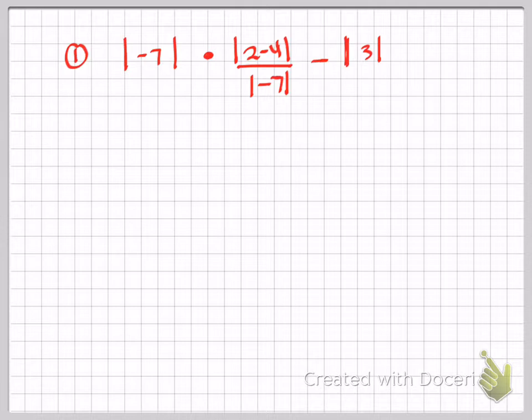Okay, so I might give something like this and ask you to simplify. Okay, simplify. So pause the recording, see if you can do that now. Let's get started. How might I begin to do this? Let's start with, how about Sarah?